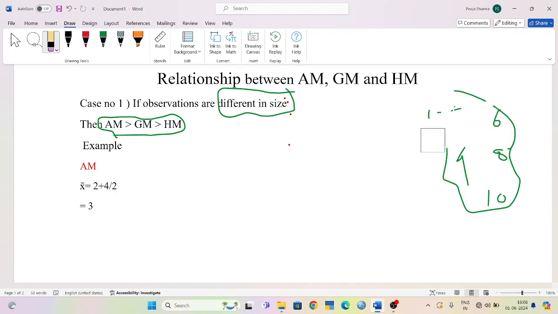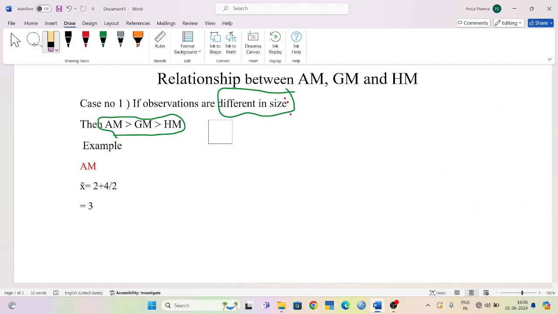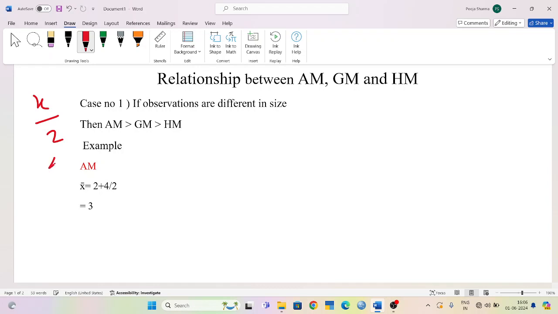Let's prove this with an example. I am taking the value of x is 2 and 4.